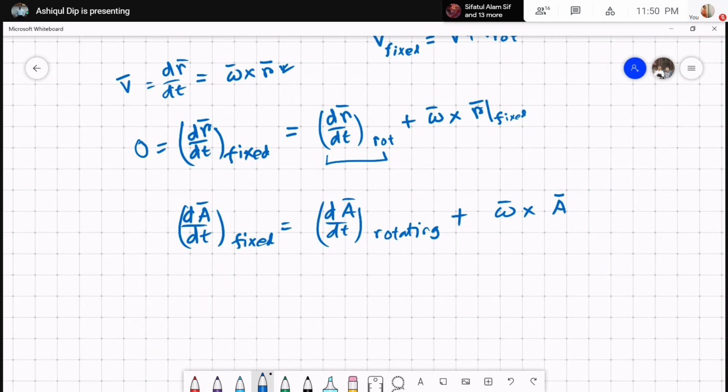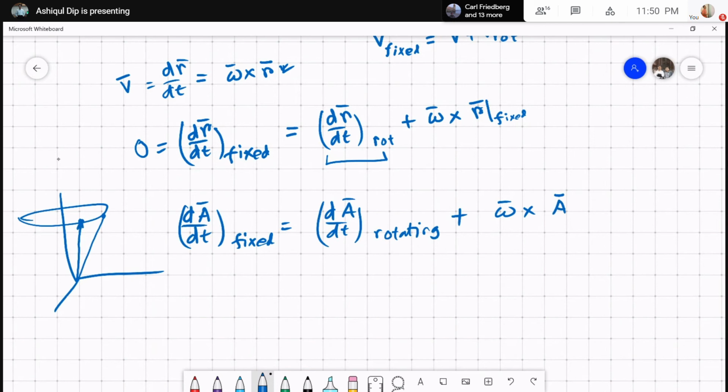Can you repeat that, please? I missed that part. So you had your r vector. Say the r vector was here, so when you rotate a coordinate system, the r vector becomes at this point due to your coordinate rotation.